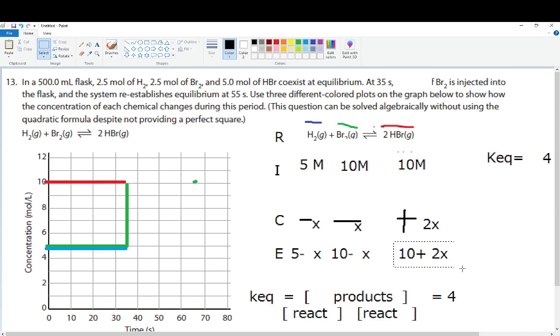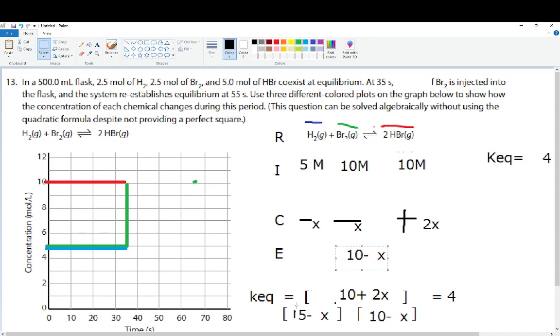Well, we know our products is now this, and our reactants is now this. And it's just a matter of figuring out what x is. That's all going to be equal to 4.